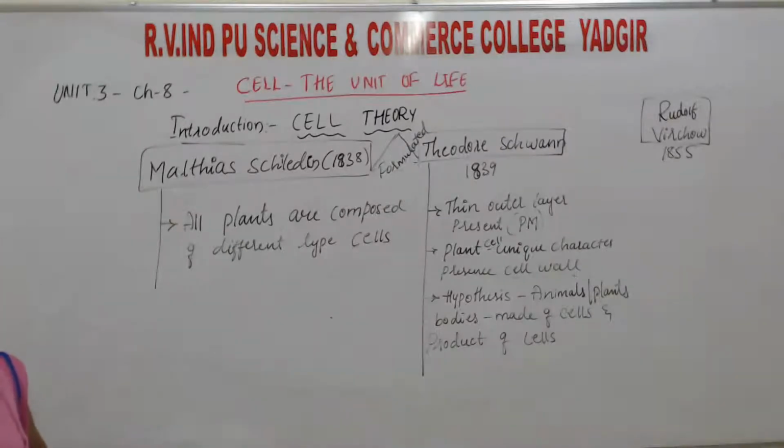Okay, let us see Rudolf Virchow. In 1855, he explained the cell.